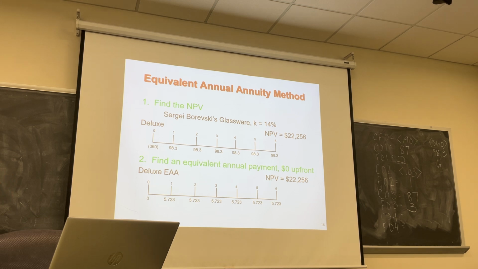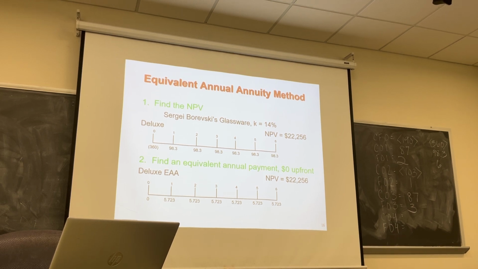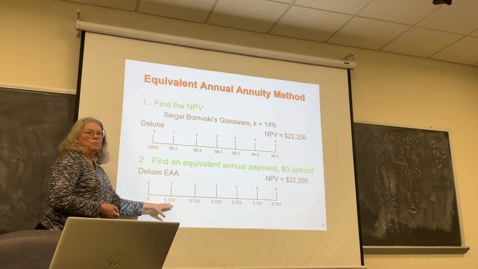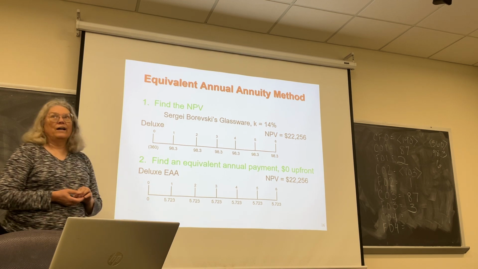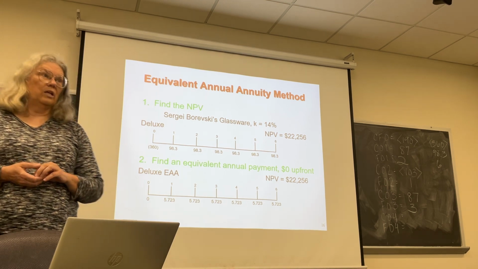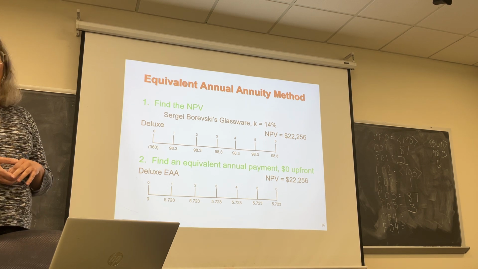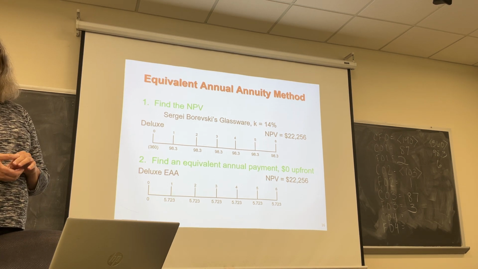We should end up with the same answer no matter which method we use. So we said the EAA for the Supreme was 5,161. So the Deluxe gives a higher EAA.